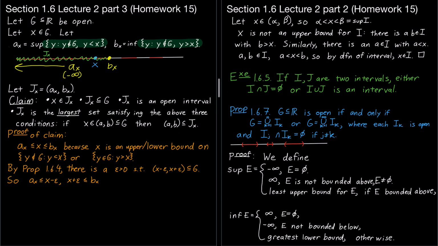If we go back to our picture here, remember, I'm running out of colors. We've got this little interval around x that's inside G. And so we see that the smallest y that's not in G and bigger than x, you have to go at least up to x plus epsilon to get there.